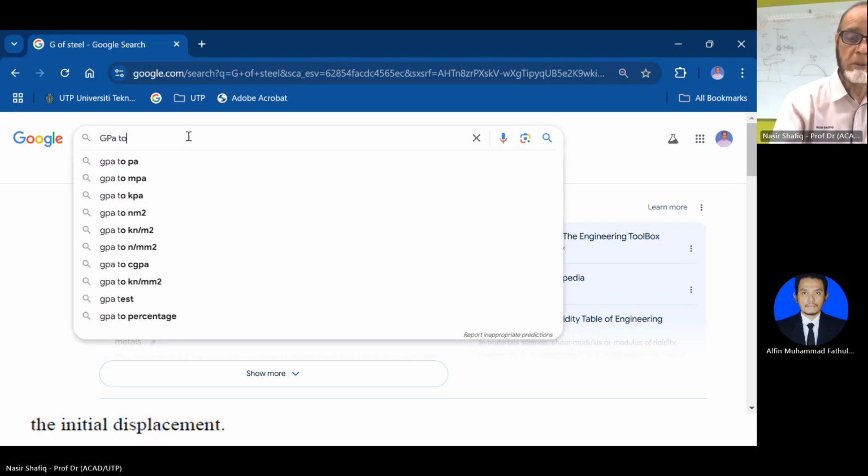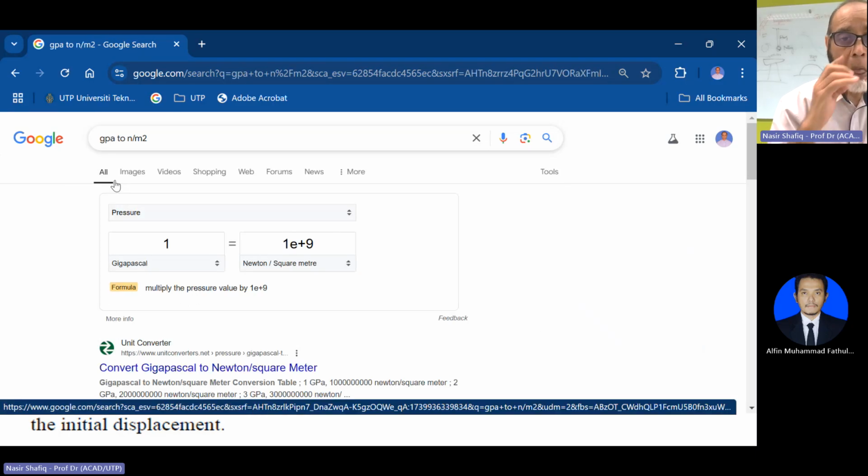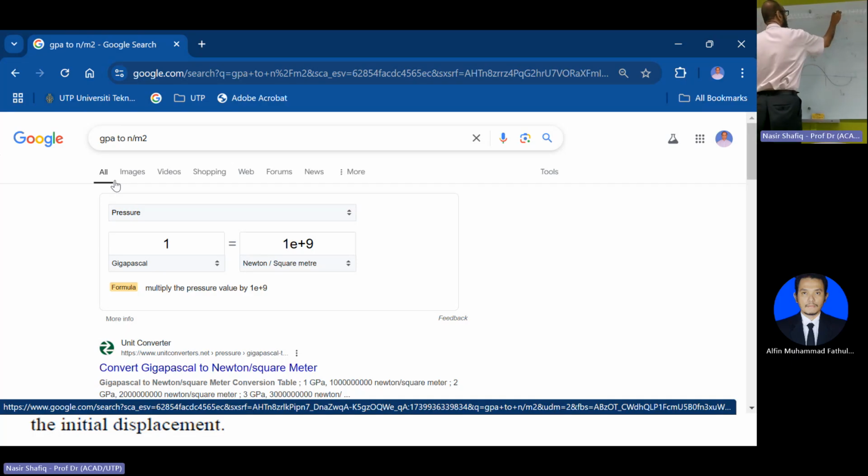One gigapascal is 1 into 10 to the power 9 Newton per meter square. So G is 79.3 into 10 to the power 9 Newton per meter square. Correct?